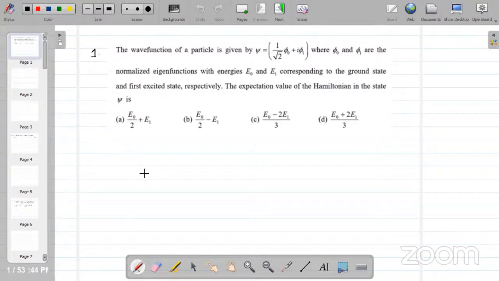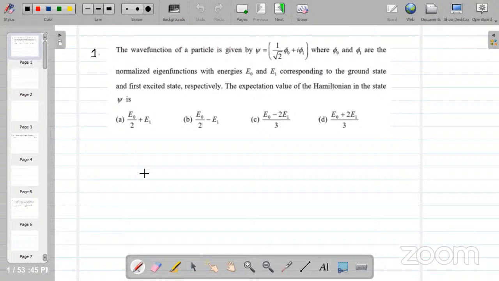The wave function of a particle is given by psi is equal to 1 by root 2 phi naught plus i phi 1, where phi naught and phi 1 are the normalized eigenfunctions with the energies E naught and E 1, corresponding to the ground state and first excited state respectively.